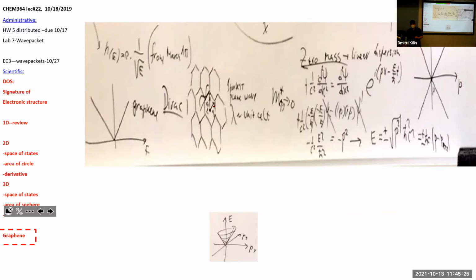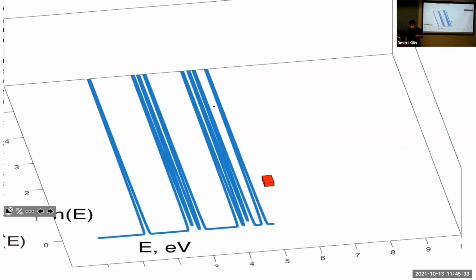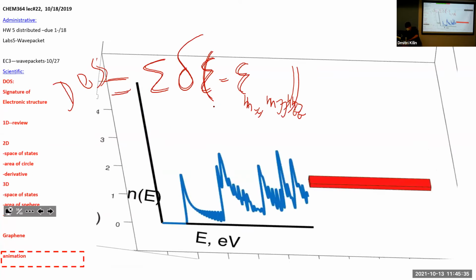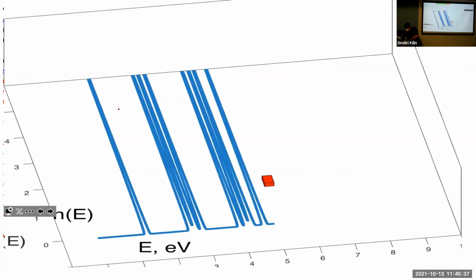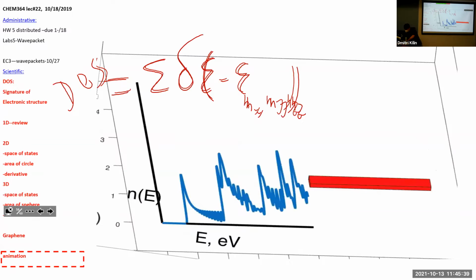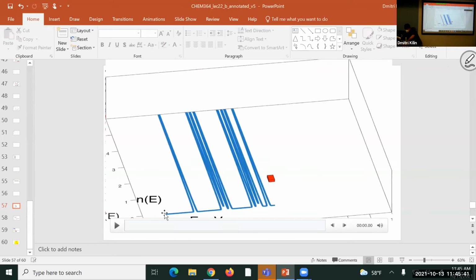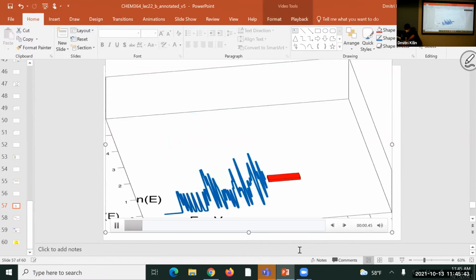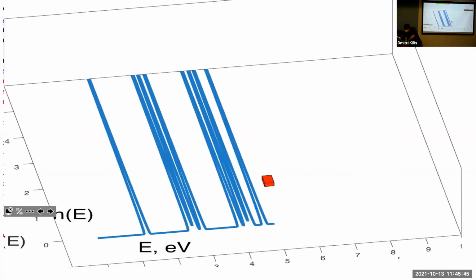So do not catch me if you read some literature and you see deviation of density of states from the flat. There are exceptions, but those which we explore today are quite universal.